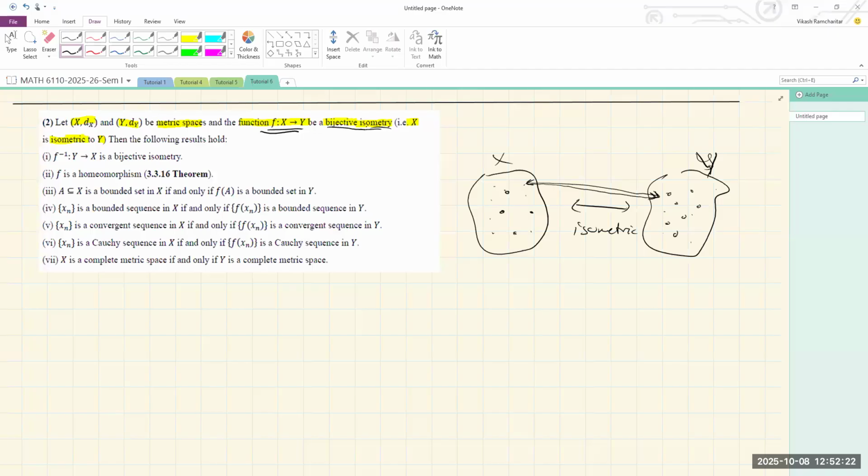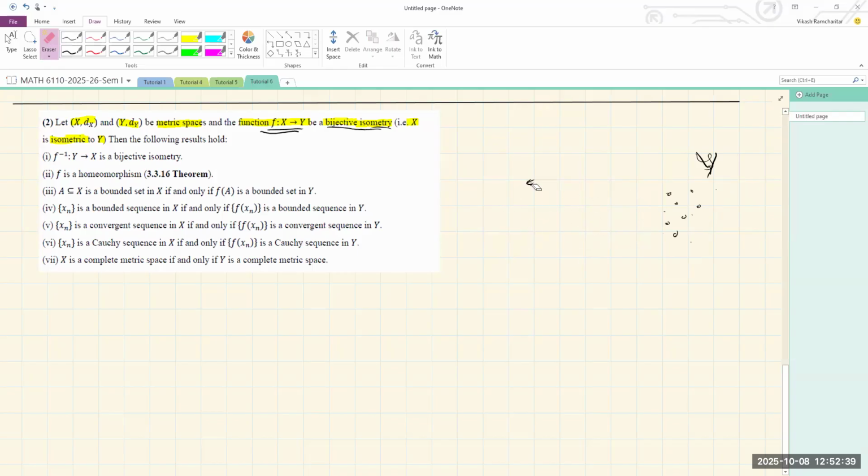So what we're going to show in this result is which properties hold or transfer over when these metric spaces are isometric. And again, an isometric metric space is just a metric space with a bijective isometry connecting it.